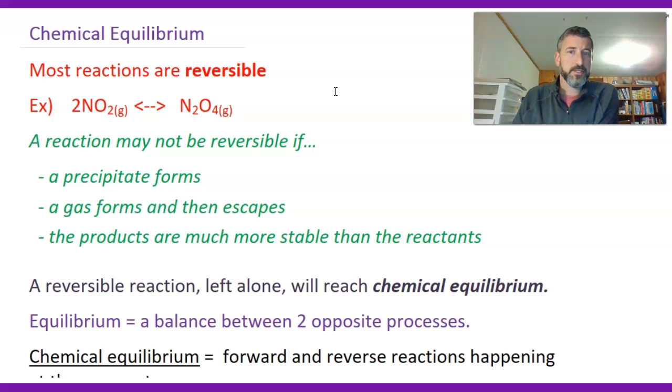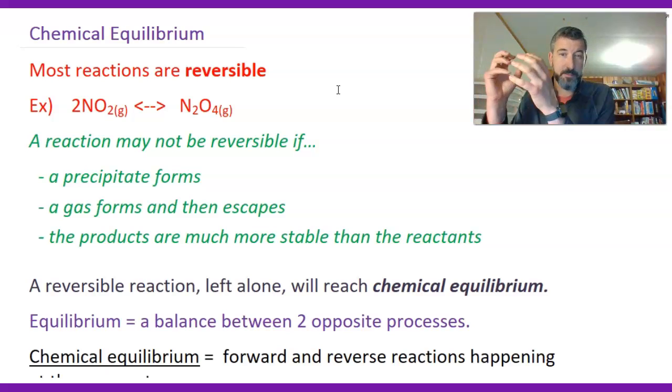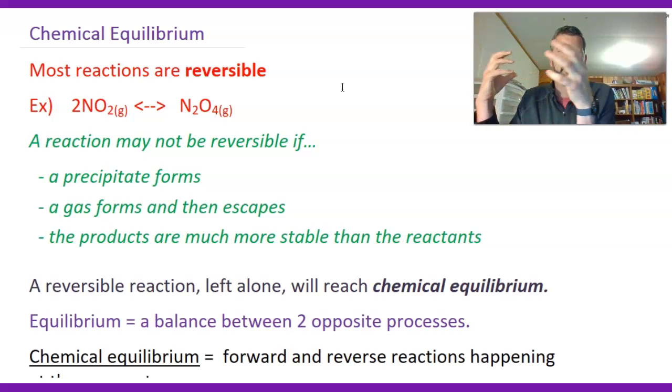So reactions that are not reversible would include ones where a precipitate forms, because once you form that insoluble solid, it takes those products and clumps them together so that they're not available to react, to split apart and give you the reactants again.